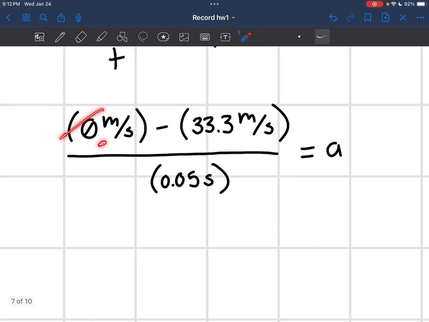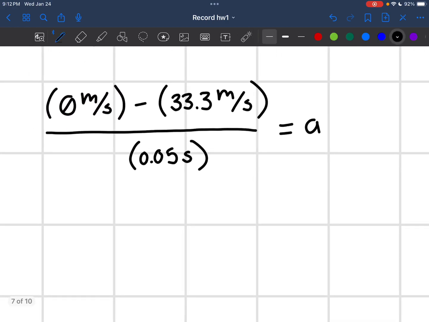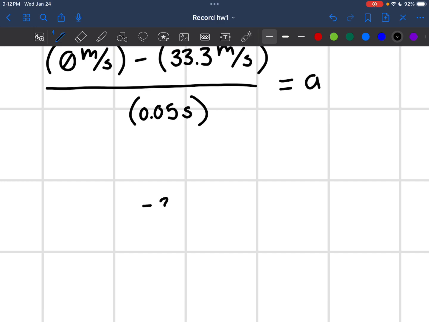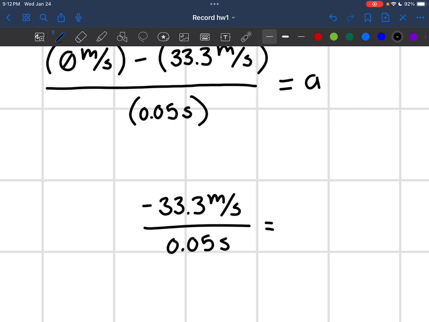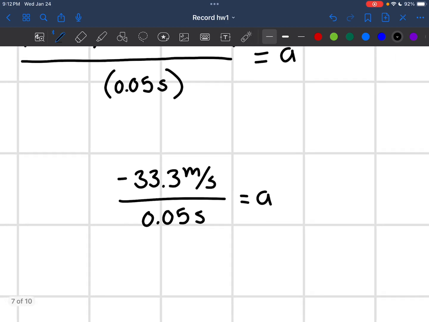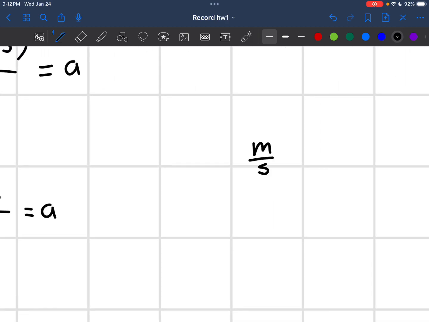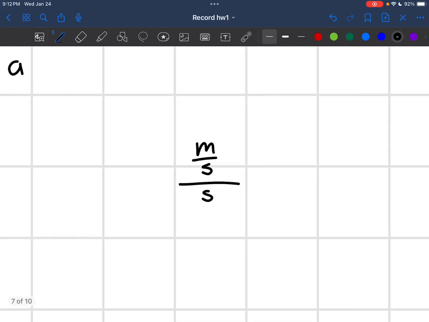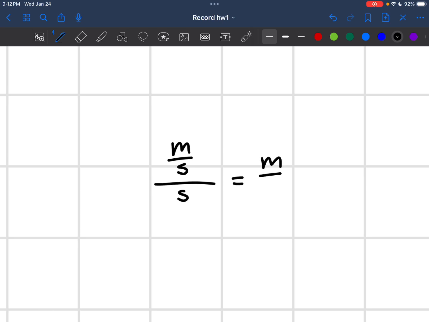Now that 0 can just disappear because it's 0. And what this is going to end up giving me is minus 33.3 meters per second divided by 0.05 seconds is acceleration. And we can check to make sure this makes sense, right? My units: I'm going to end up with meters per second over seconds, which is the same as saying meters per second times 1 over seconds.